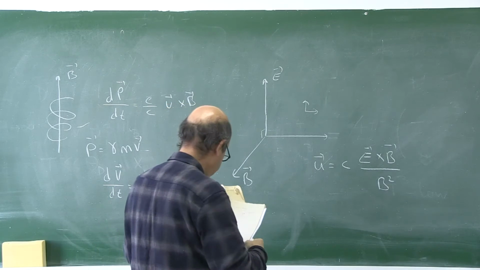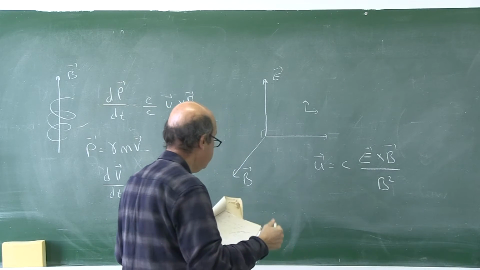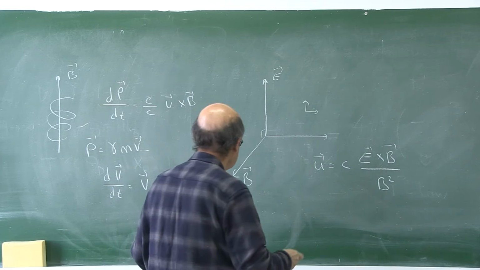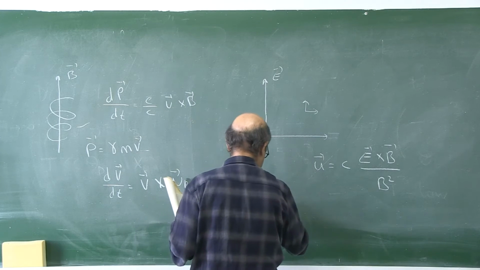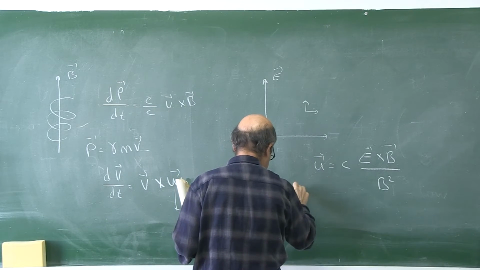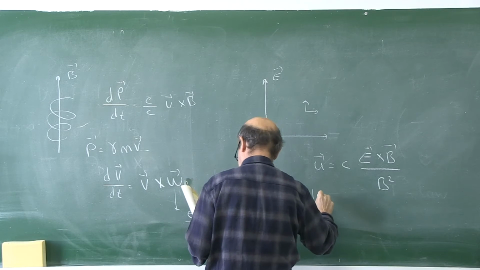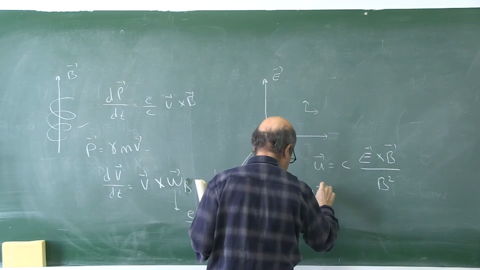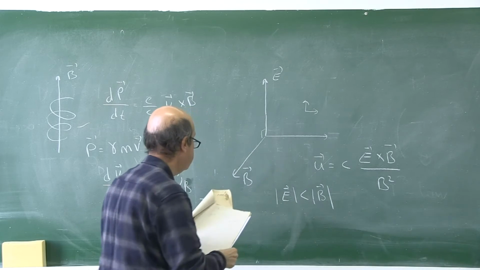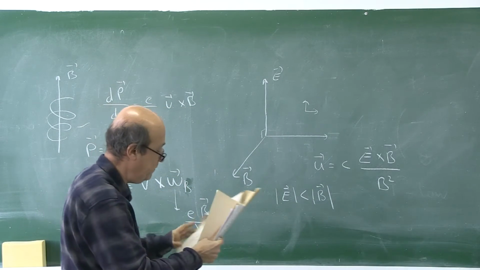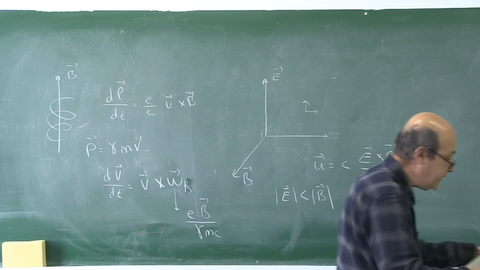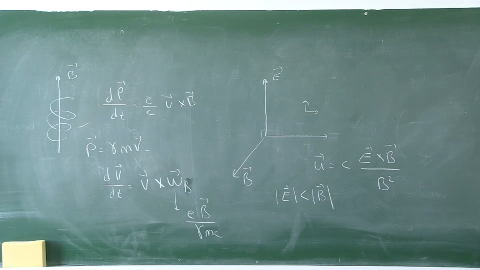So what kind of fields do we have in that frame? Suppose that the magnitude of the electric field is less than the magnitude of the magnetic field. You can do the opposite of them.